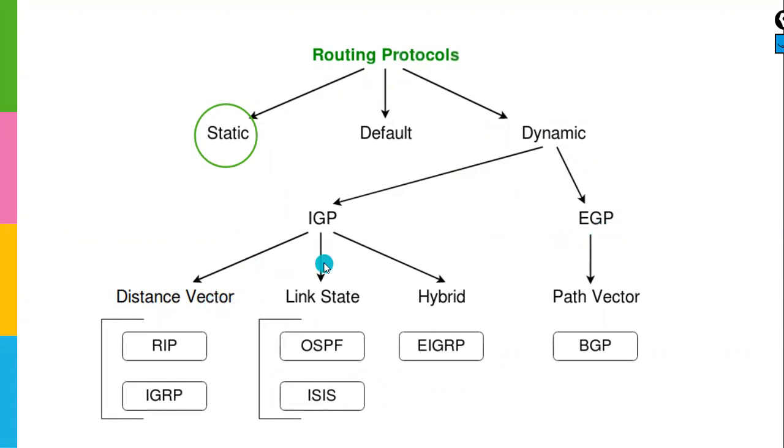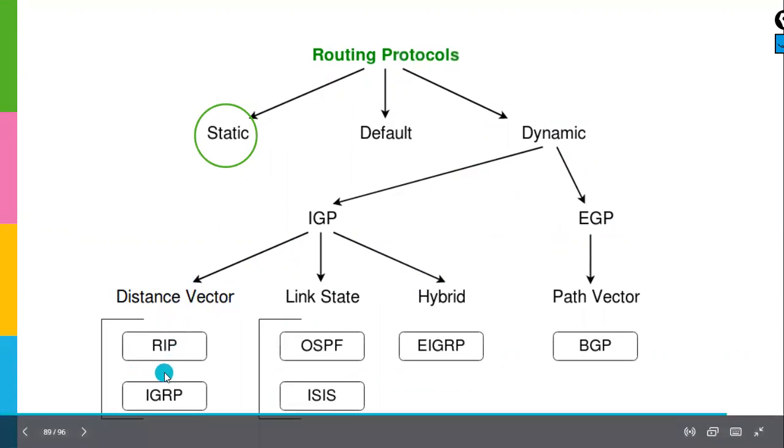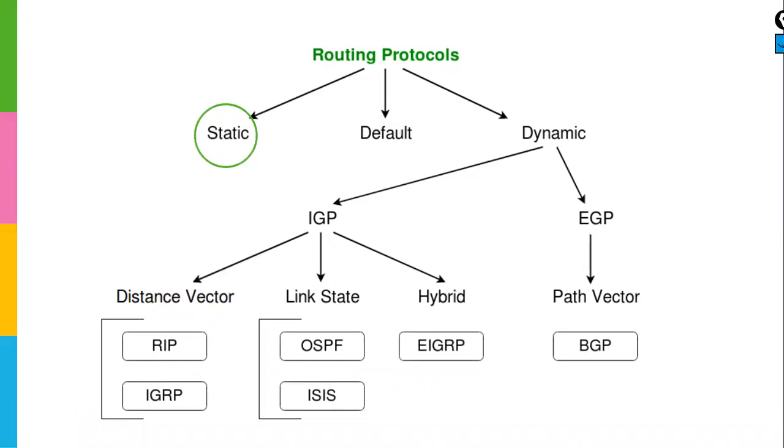IGP is further divided into three parts: distance vector, link state, and hybrid. Distance vector has two protocols, RIP and IGRP. Link state has two protocols, OSPF and ISIS, and hybrid has one protocol, EIGRP.